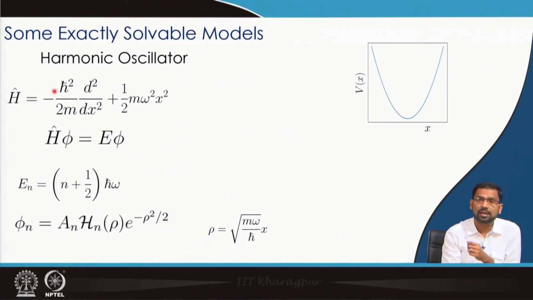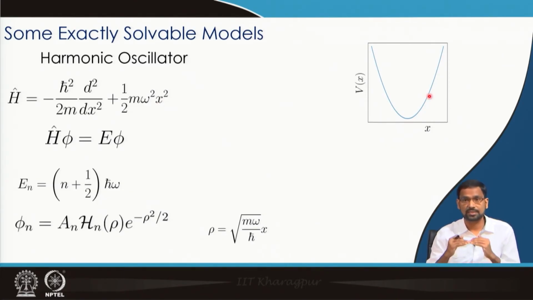You would see that the kinetic energy operator here is similar to what we had for the particle in a box, but the potential is very different. Here in the harmonic oscillator, we have a very soft potential, it slowly increases. In the particle in a box, it is a very hard potential, it is either 0 or infinite, nothing in between.